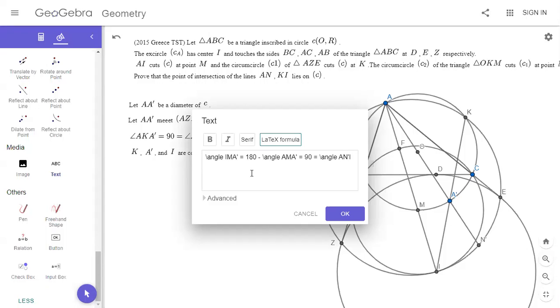So it's angle AN prime I, which is equal to angle ANI. Or maybe I'll write it like this, just to make things really easy.